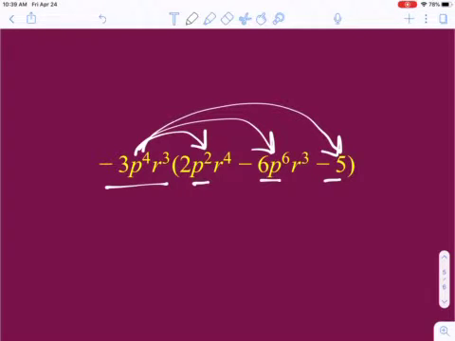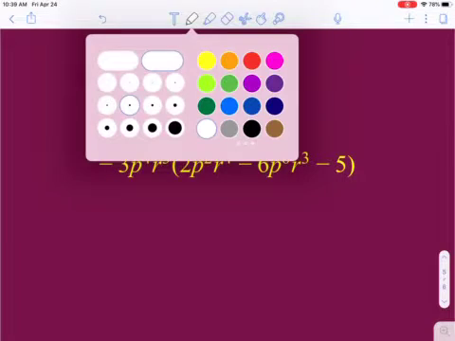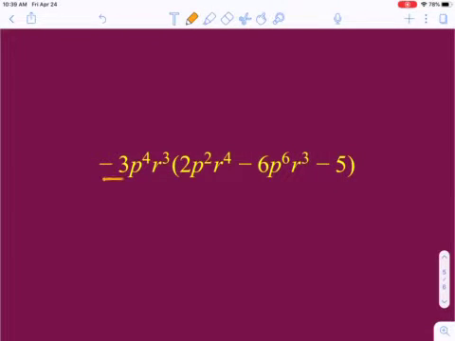So when we multiply these, I'm going to erase all my little marks here so I can break this down for those of you who need me to do that. I'm going to start with my -3. I'm going to multiply it by 2, so I get -6. Then I'm going to start with my p variables, right? And when you multiply, you can only add exponents between the variables that are the same.